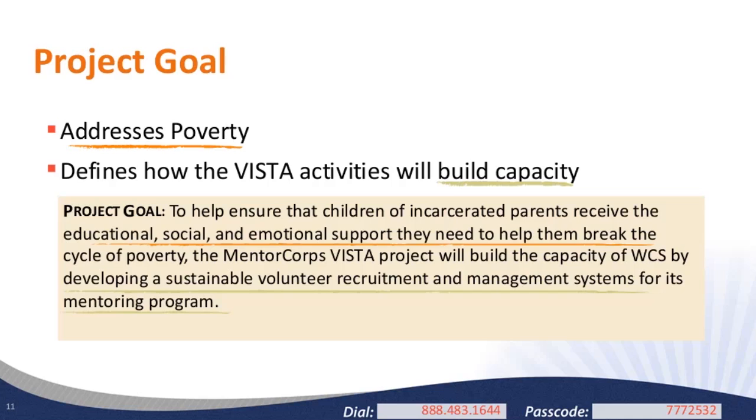For example, in this VAD that you see on the screen here, the poverty mission is illustrated by the focus on education, social, and emotional support needed to break the cycle of poverty. It's clearly listed there. This VISTA will build the capacity of the organization and the community by developing a sustainable volunteer recruitment and management system for that mentoring program.